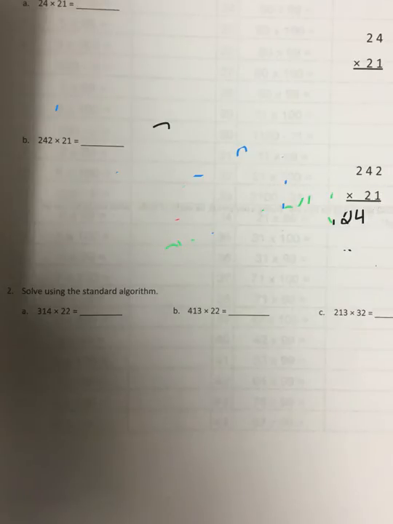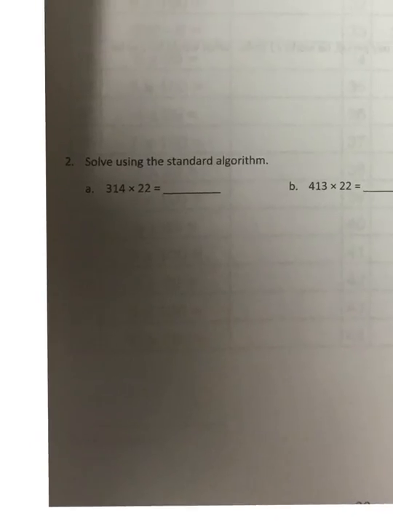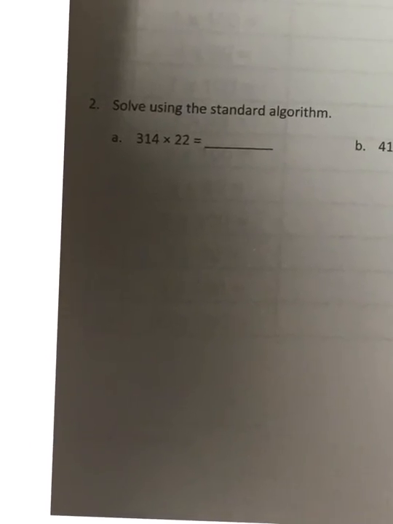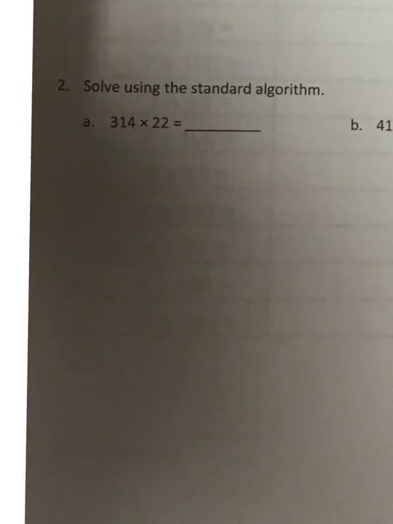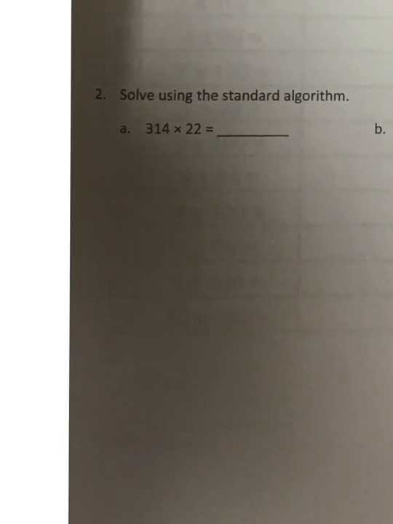It's just one tool to multiply multi-digit numbers, hundreds times hundreds and tens times tens, that don't have multiples of 0 in them, where we really have to multiply out. So let's go ahead and do this bottom one here. They don't give you a ton of space, so it's a little difficult for me with the iPad, so bear with me if I have to erase and resize, okay?